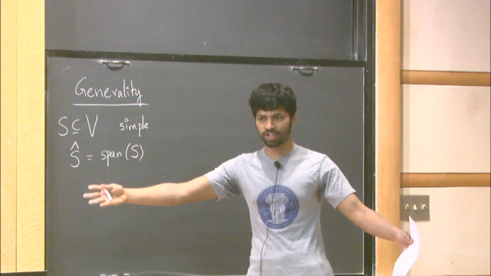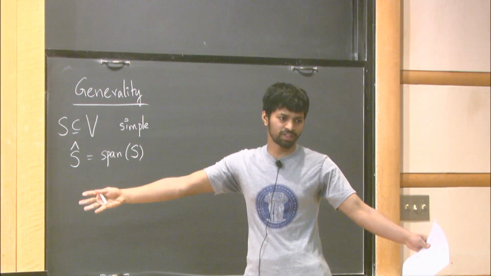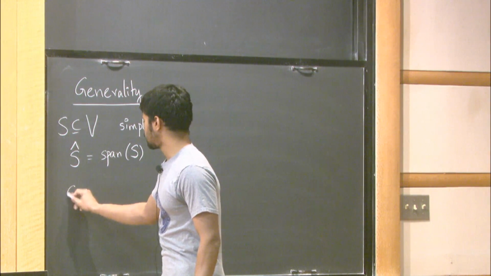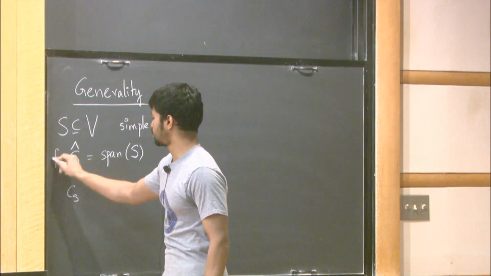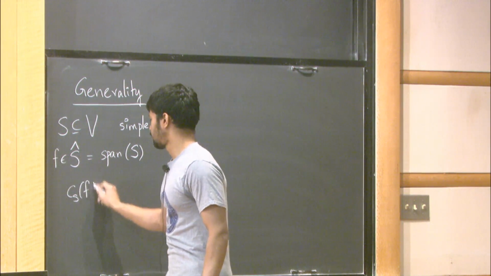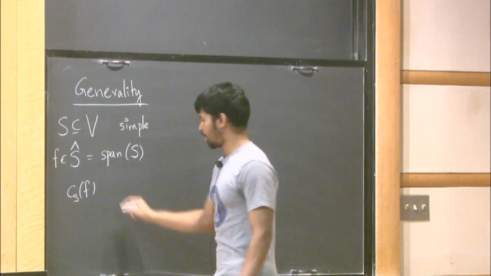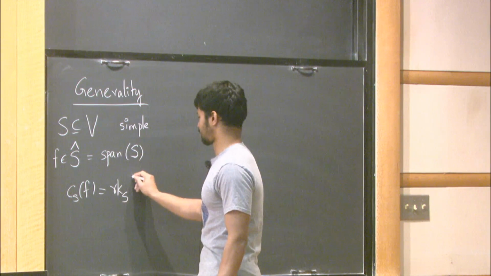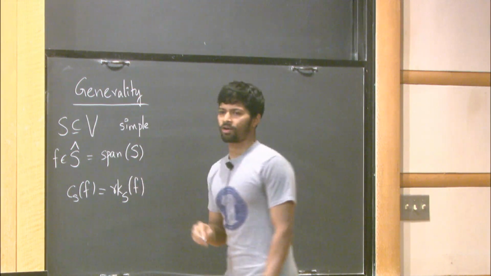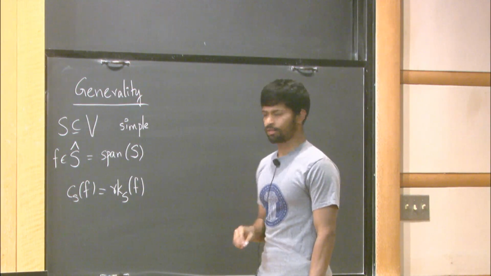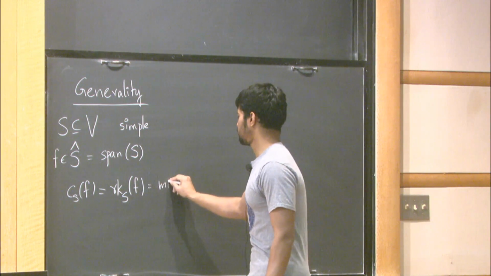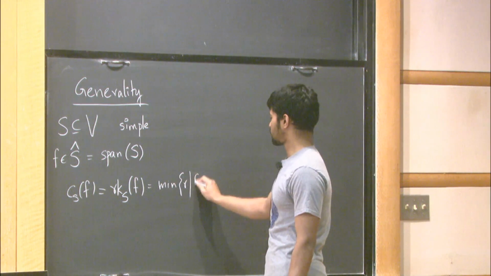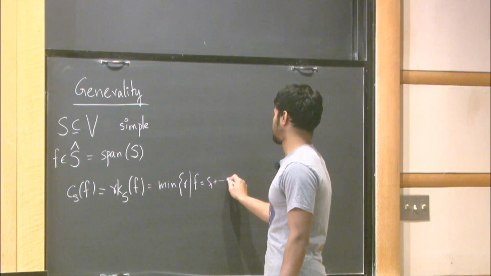So take all sums now, and you'll probably get something larger. And I want to say the complexity of something in the span, sort of the additive complexity, or I call it the S rank, would be the minimum, so the smallest integer such that you can write f as a sum of so many simples.